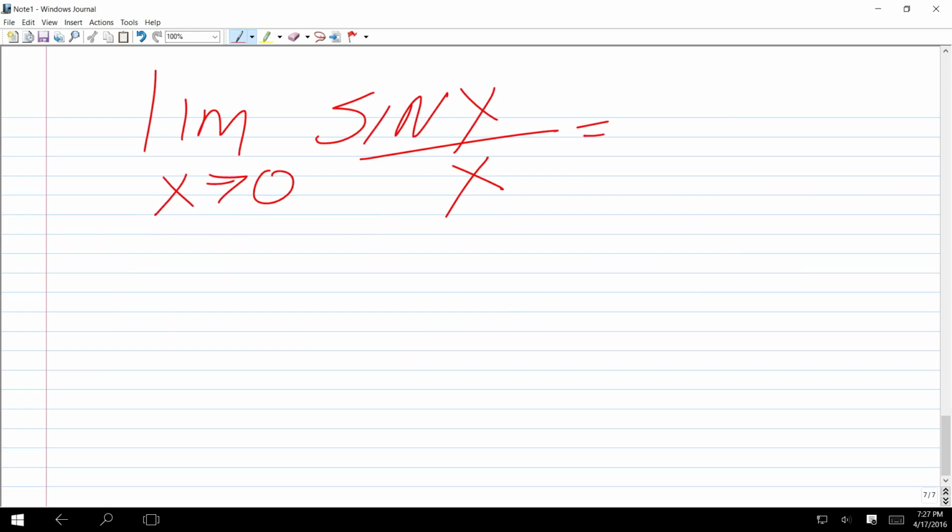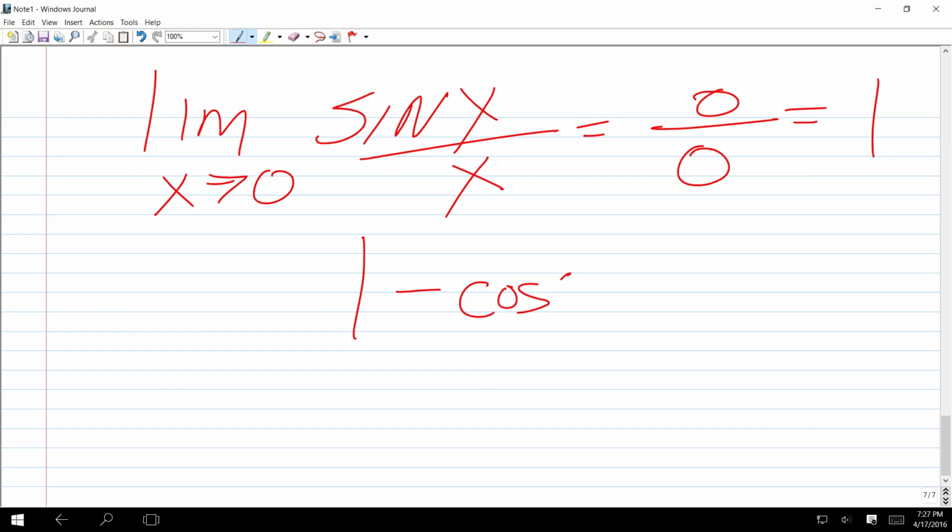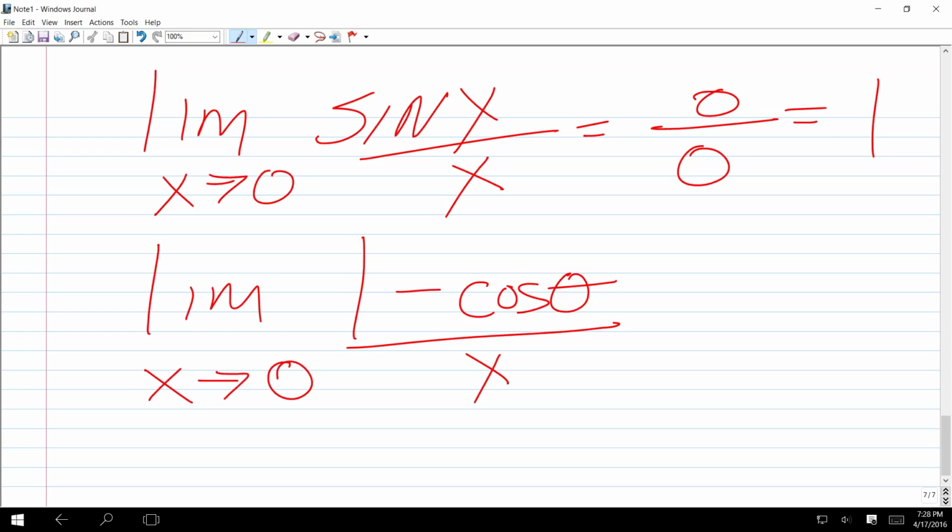There are other ways, and in fact, notice the one they tell you to memorize. That's 0 over 0. But they tell you that limit is 1. They don't tell you why, other than they give you a graph of it. But it is 1. Whereas 1 minus cosine theta over x, as x goes to 0, that limit, which they also tell you to memorize, notice that by direct substitution I have 0 over 0, but that limit is 0.